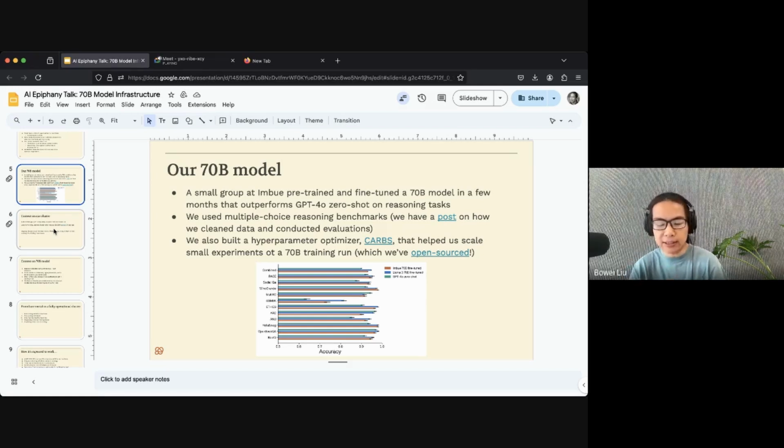And the way we actually determined the correct token count, and also which data mixes to go into the tokens, is through the hyperparameter optimizer and using the Chinchilla scaling laws.